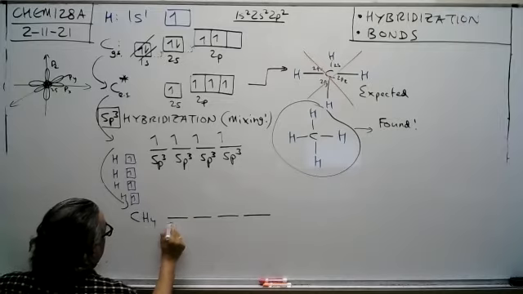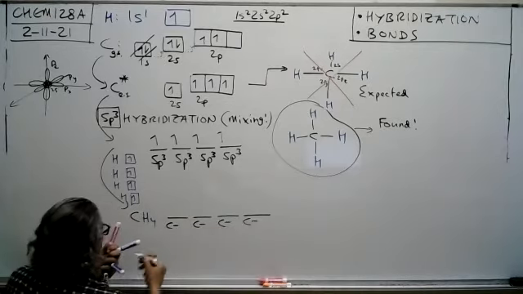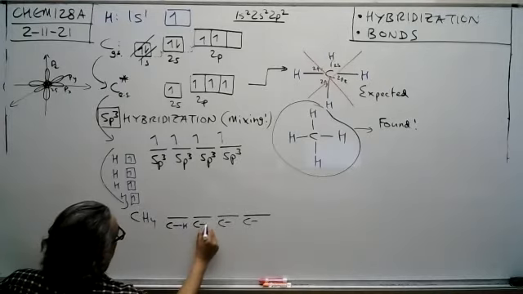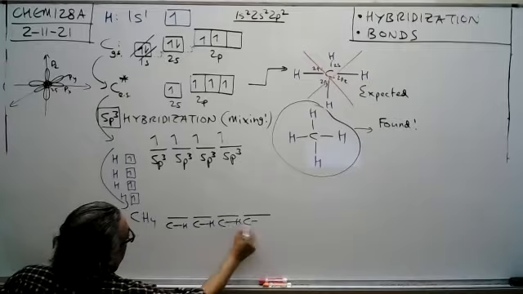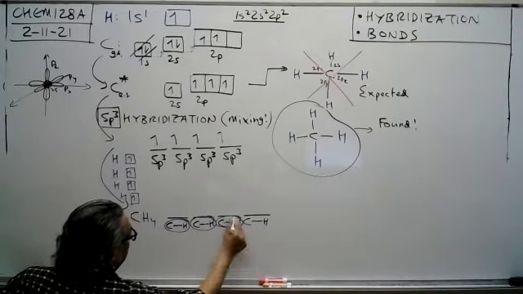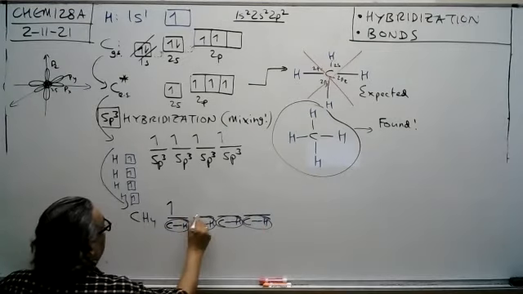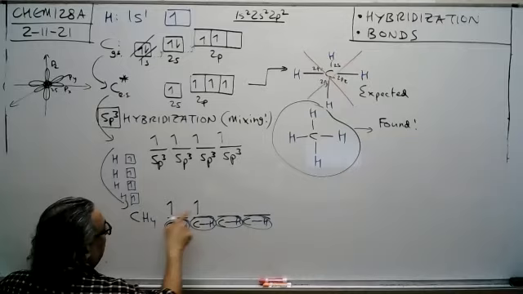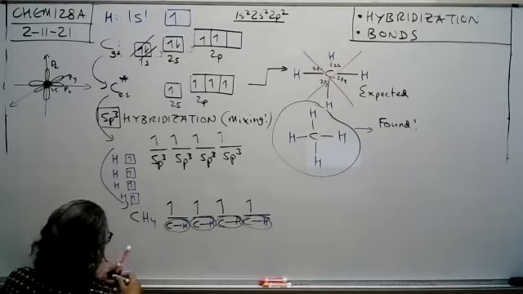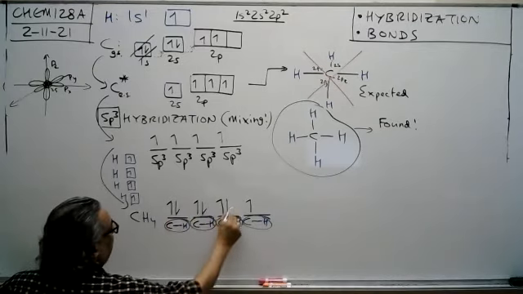Okay, and this is a CH bond. It's not just a hybrid orbital, but it's actually a CH bond because it's going to have both electrons. This is a CH bond, another CH bond, another CH bond, another CH bond. How does the CH bond look? This is the hybrid electron in the sp3 orbital from carbon, and this is the electron from hydrogen.